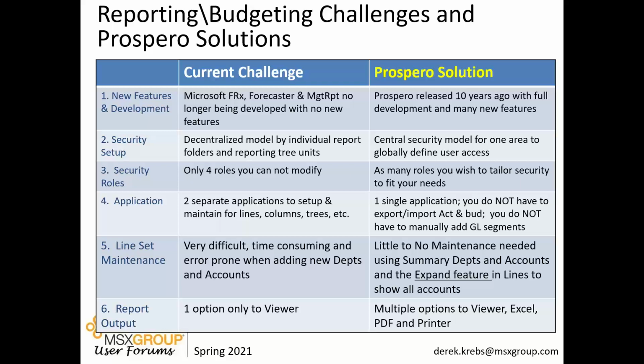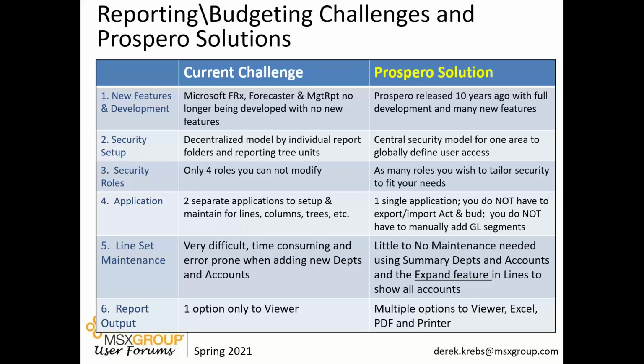We're automatically reading from those, versus those people on Microsoft Forecaster, you always had to manually update Microsoft Forecaster with new account departments, and also go back to both Manager Porter lines/rows and Forecaster rows to add these new general ledger accounts, where that leads into the 5th item you're going to see in just a second, an awesome feature where we can use one single summary account like total expenses and expand upon that. That usually reduces and avoids report maintenance altogether, which was very tedious in the past.